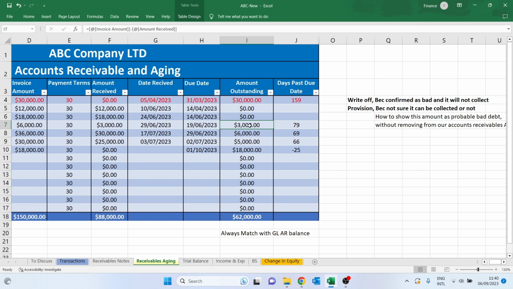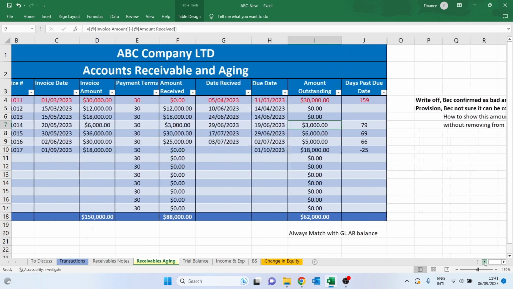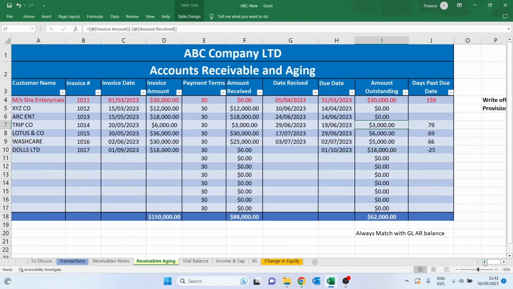So how is it possible? Before discussing this, let us discuss two, three terms connected with these two entries, so that you will understand this concept, how we are making the journal entry for 1 and 2.